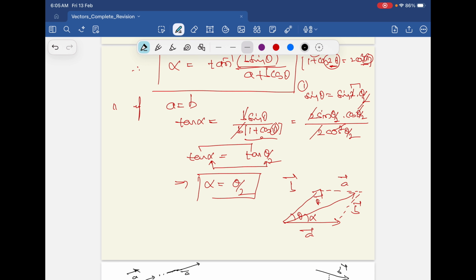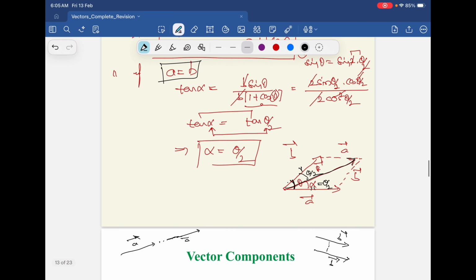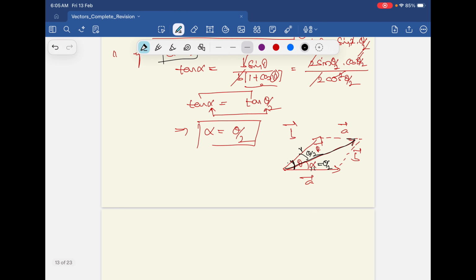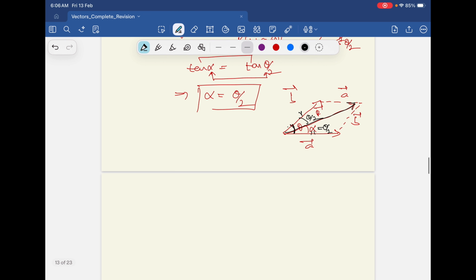When a is equal to b, alpha is theta by 2. So this will become half, theta by 2. Total angle is theta. When this is theta by 2, this also becomes theta by 2. What does it mean? That means the resultant is bisecting the vectors. Very important result. Whenever two vectors are of equal magnitude, the resultant will bisect the angle between the vectors, students.